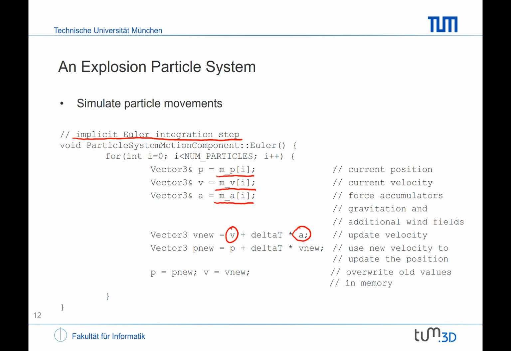And then you take that new velocity which has been computed here in order to change the position of the particle. You say the new position of the particle is just the old position of the particle plus the change in position that comes from the velocity of the particle, and that is just the new velocity that has been updated before times the time step over which you want to simulate the movement.